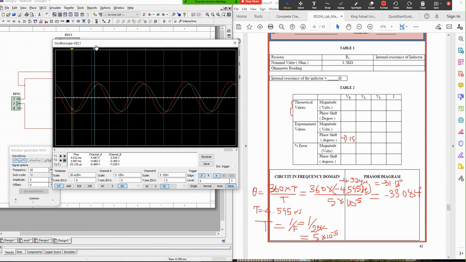As you can see, you go to the high peak value here. So this is your voltage in channel B, which is 4 point something. When you do your theoretical part, you will see you have something around 4.276 volts.